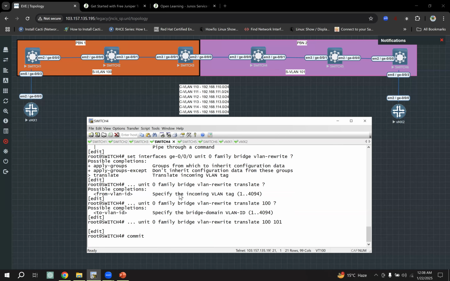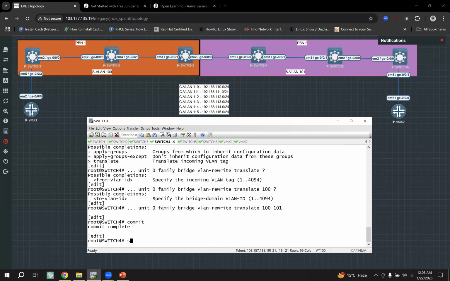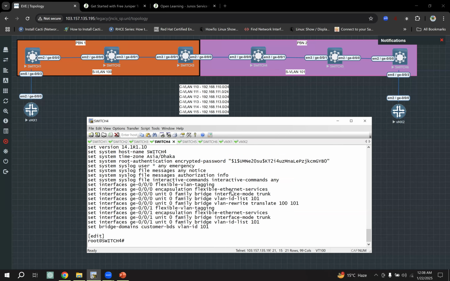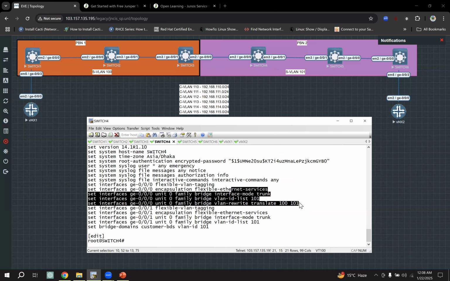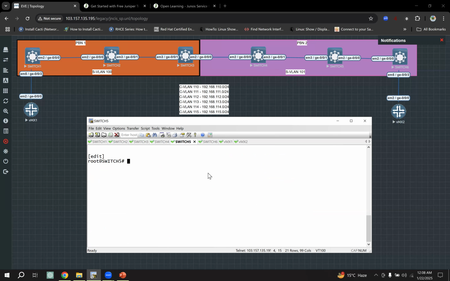This is the translation, getting one VLAN and translating it to another VLAN. Perfect. Is switch 4 clear? Yes. Switch 5 is very straightforward.